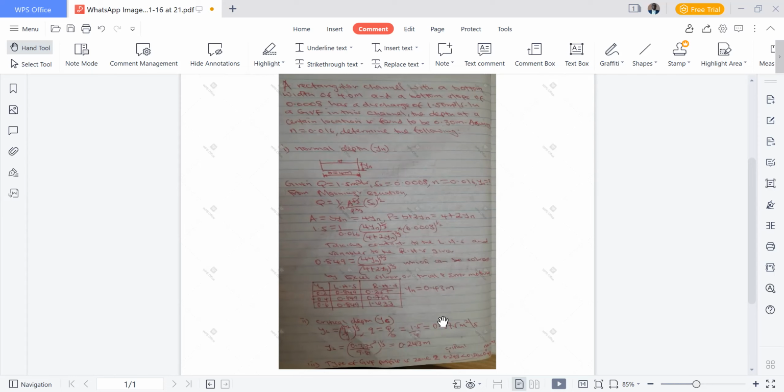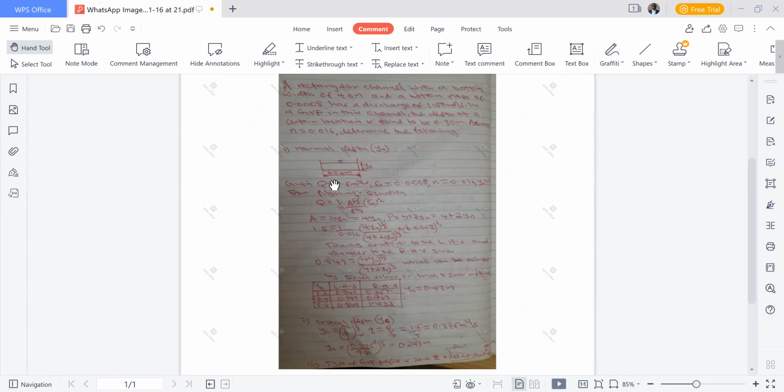The depth at a certain location is found to be 0.3 meter. Assuming n is equivalent to 0.016, determine the following: the normal depth Yn, the critical depth Yc, and the type of gradually varying flow profile. Now, let us start with the normal depth Yn.